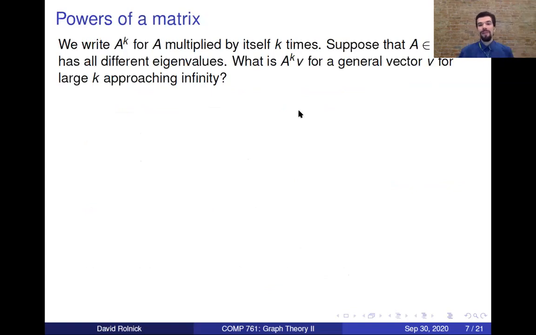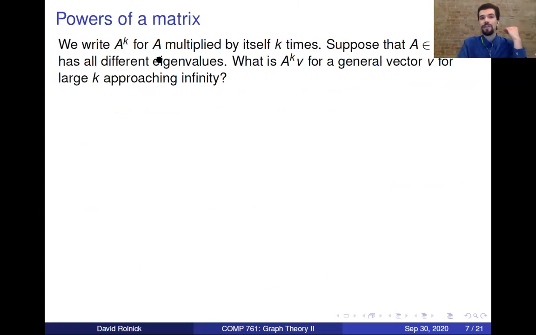So, a little bit more linear algebra before we get to why it's important for graph theory. First, powers of a matrix. We can write the kth power of a matrix, A to the k. It's just notation for A multiplied by itself k times, just as if we're writing the power of a variable.